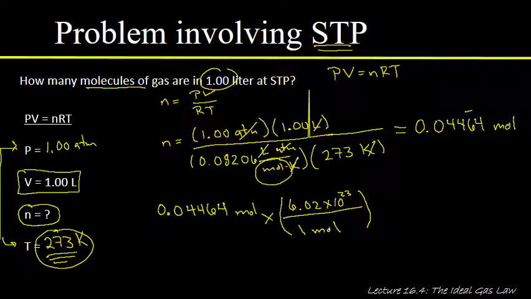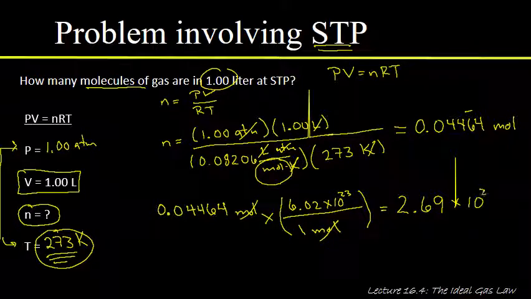So 6.02 times 10 to the 23rd molecules in a mole. And so cancel those out and put that in your calculator. You get 2.69 times 10 to the 22 molecules.